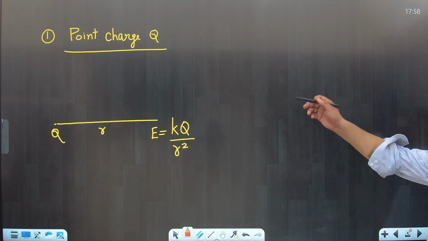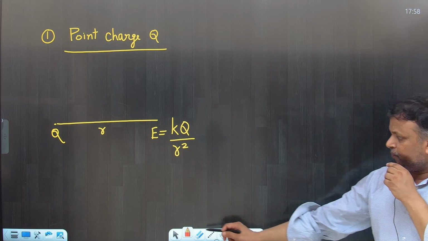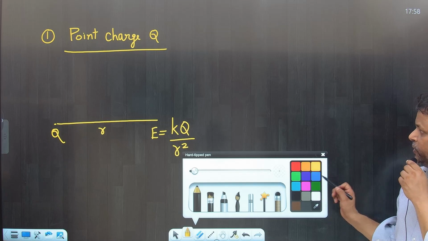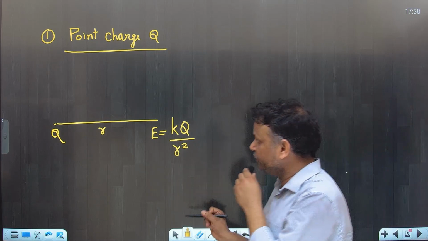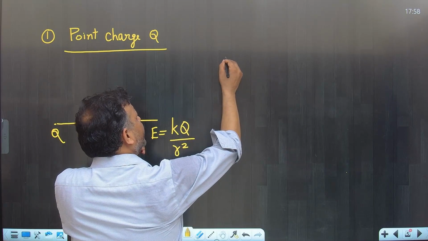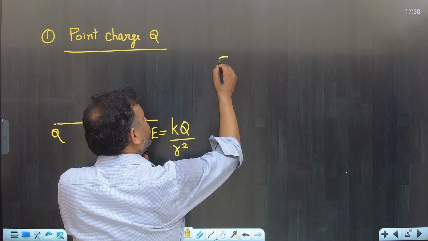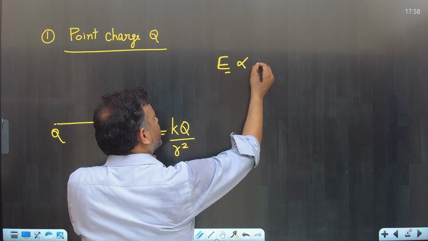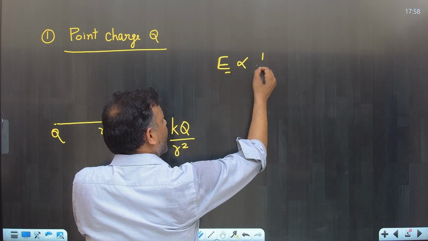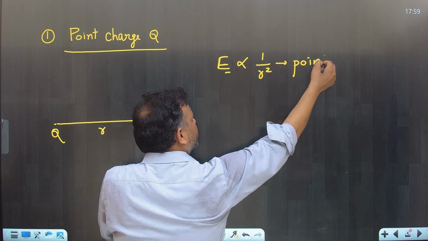So the first point is point charge Q. All the charge systems due to which electric field is proportional to 1 by r square are called point charge.